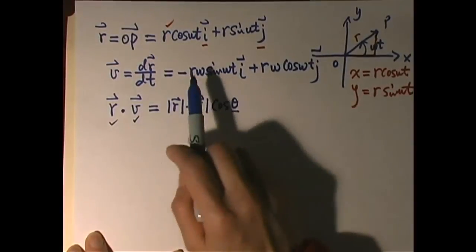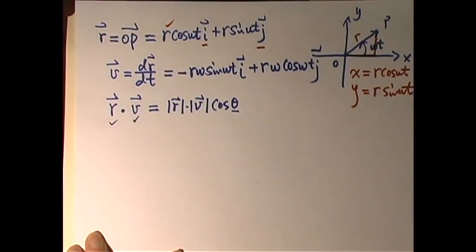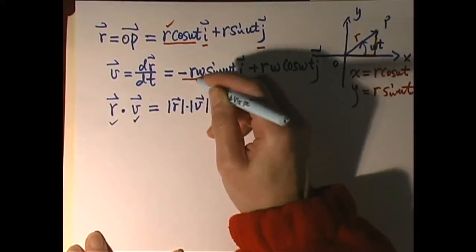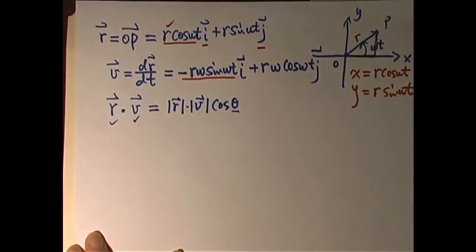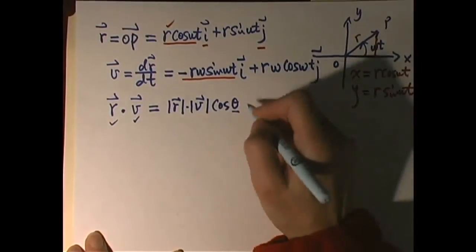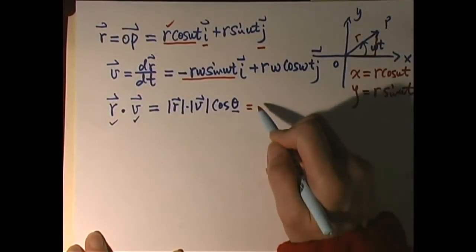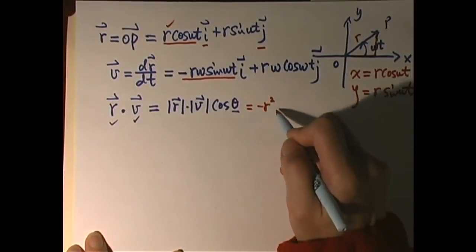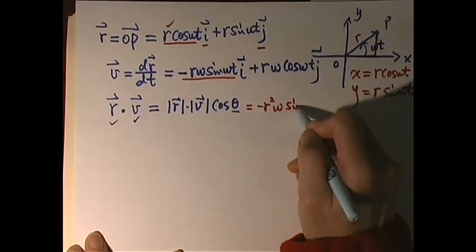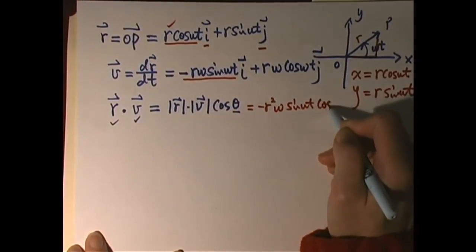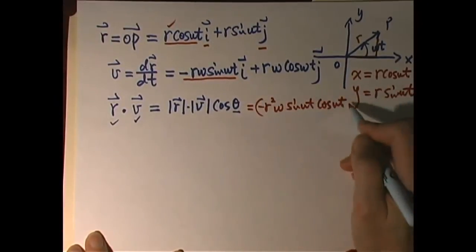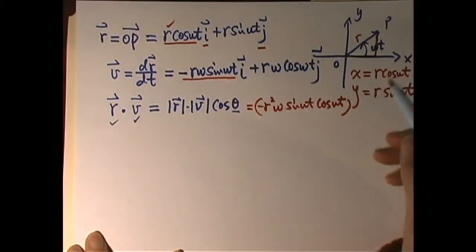So you can see that if we have this term, the first term will be negative r squared omega sine omega t cosine omega t, because i dot i equals 1.